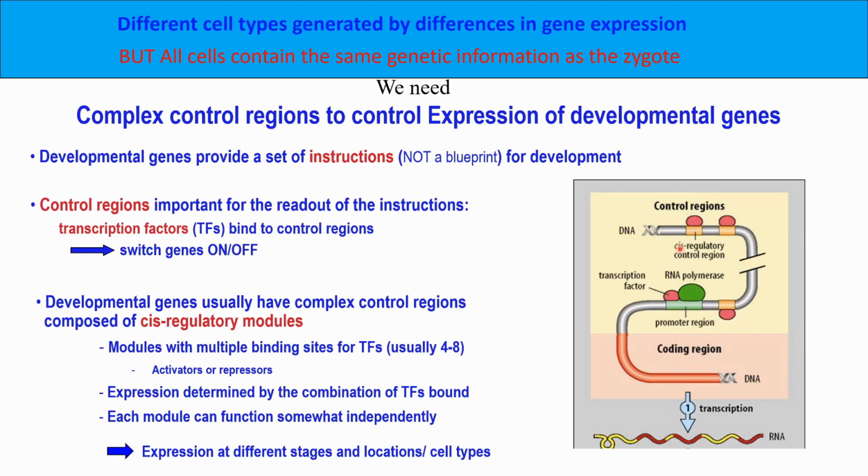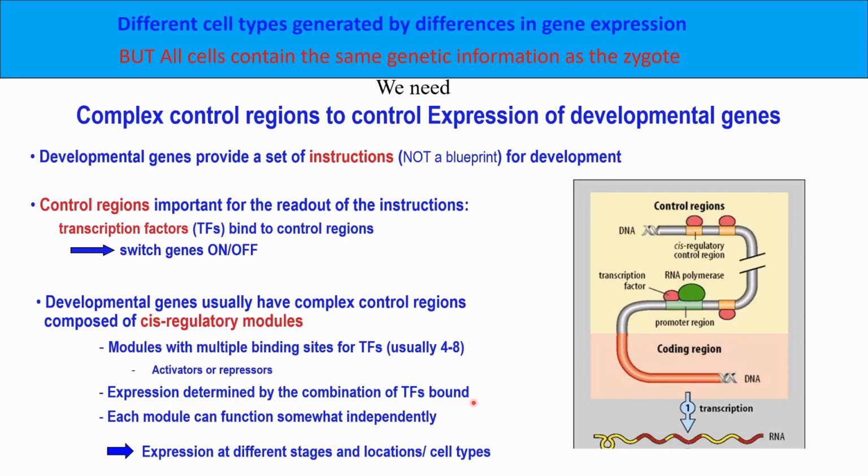These cis regulatory control regions, enhancers and suppressors, we call them, are further from the gene and can have other genes, for example, coding for normal processes that will not be affected by these long range acting cis regulatory elements. The expression of the developmental gene will be determined by the combination of transcription factors that are bound.